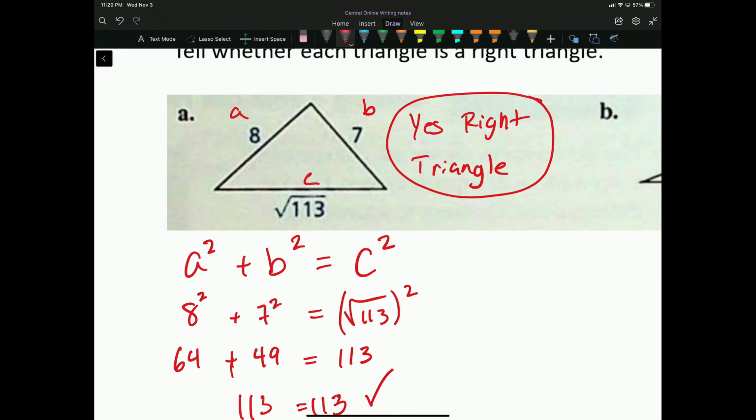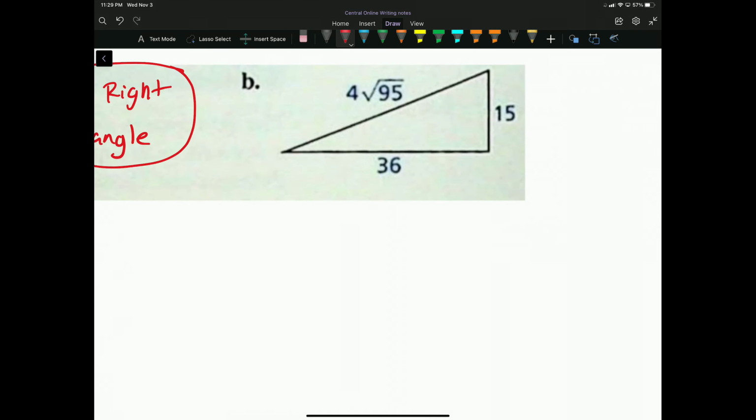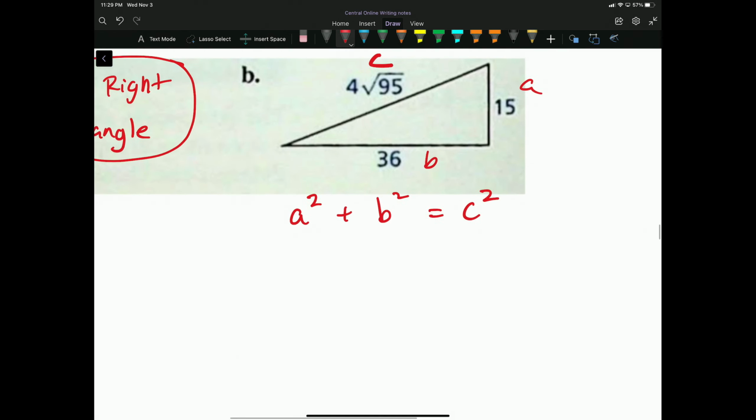Okay. All right, so letter B, right? Again, we're going to use our Pythagorean theorem, a squared plus b squared equals c squared. My two short sides are going to be a and b, and my long side is right here. So let's plug this in. We got 15 squared plus 36 squared equals 4 square root of 95 squared.